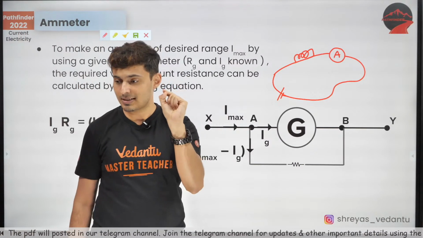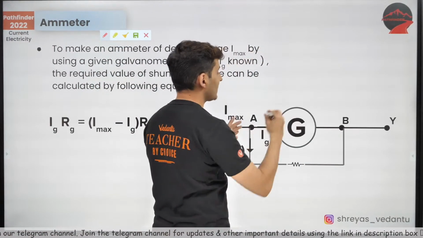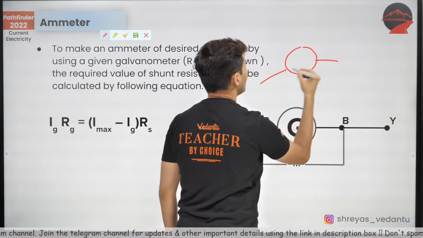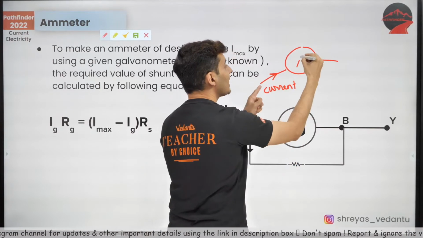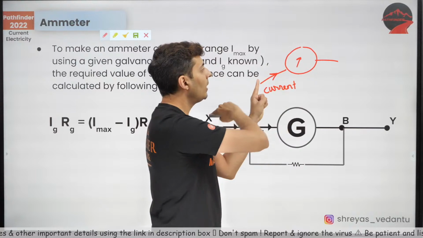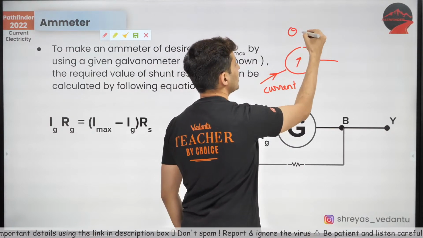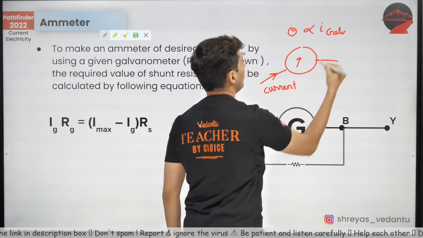So what happens is that whenever you pass current through a galvanometer, the needle deflects according to the current. That deflection in the needle is directly proportional to the current in that galvanometer.